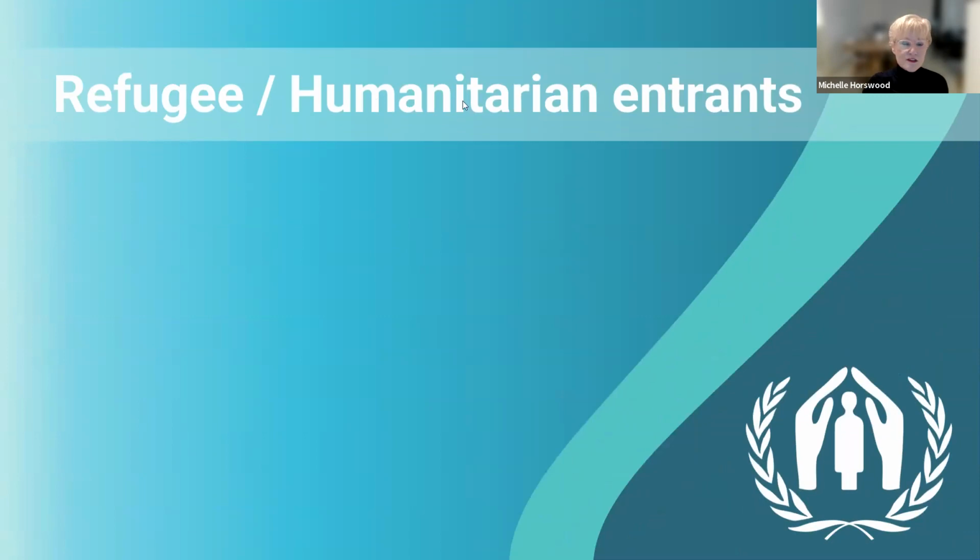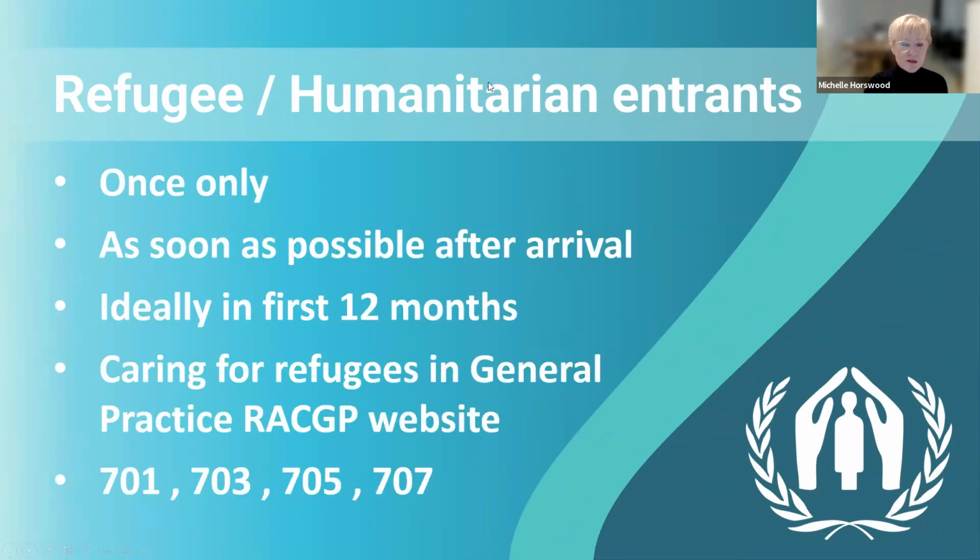The next health assessment that I wanted to talk about is that for refugees or humanitarian entrants. And this is once only. And of course, it should be done as soon as possible after arrival in Australia. And I think it's funded for the first 12 months, but I'm sure if it hadn't been done within 12 months, that it would still be able to be done.